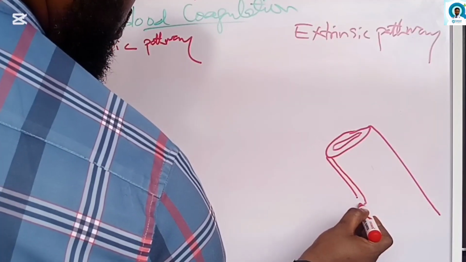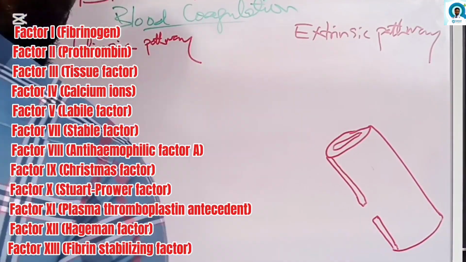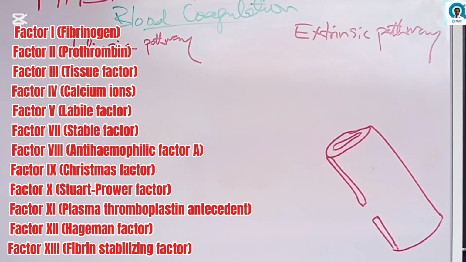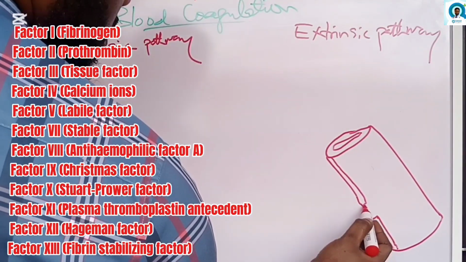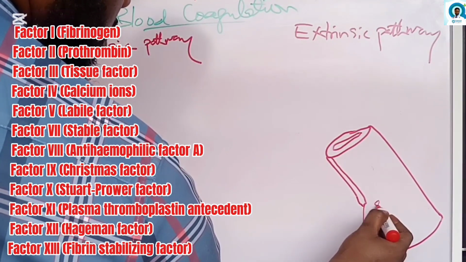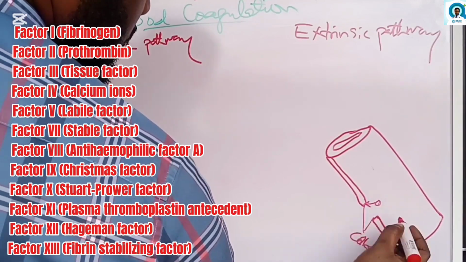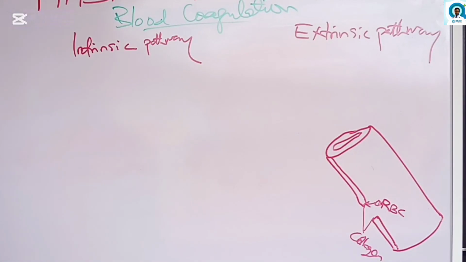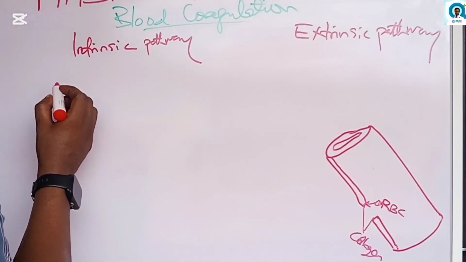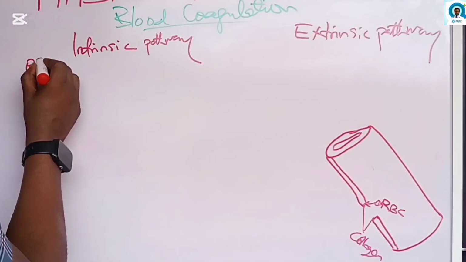Now, this is the list of all the clotting factors displayed on the screen. We're going to demonstrate how each of these factors play their roles in the coagulation process. Now, let's begin with the intrinsic pathway.